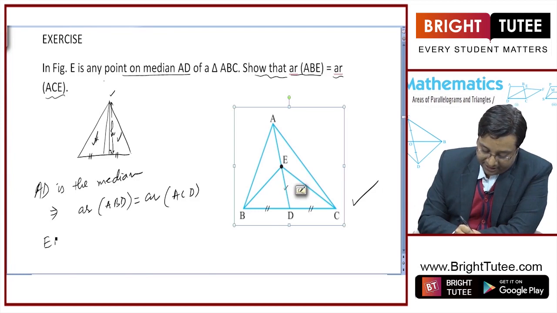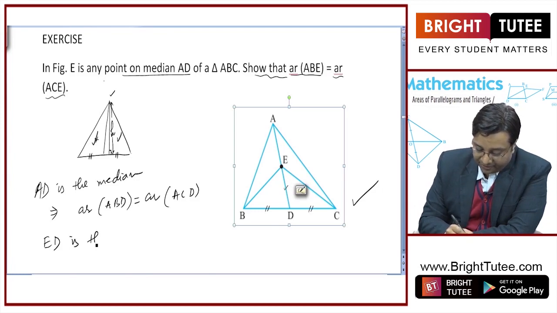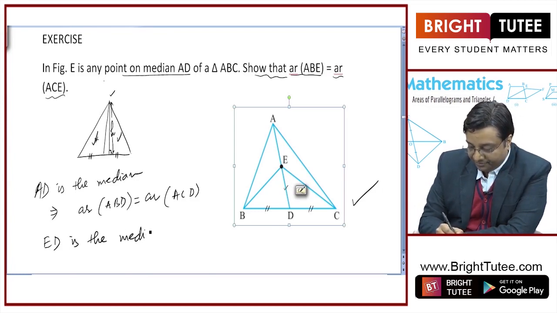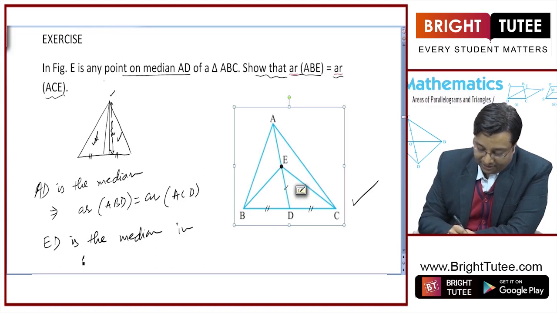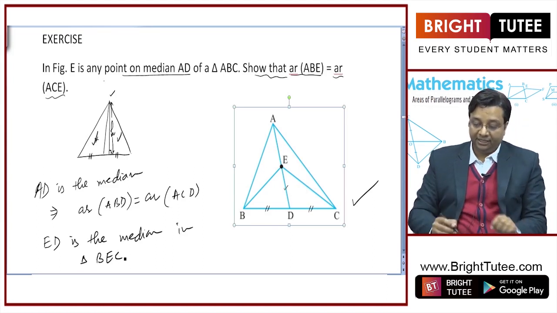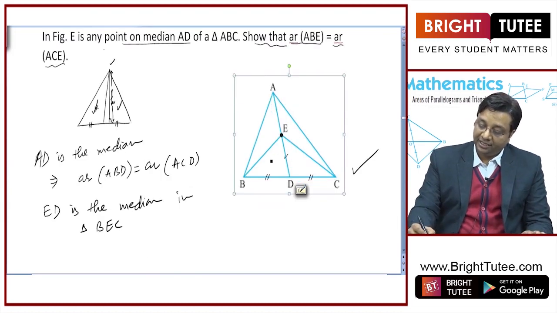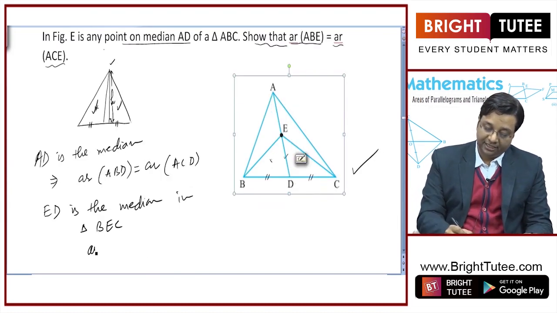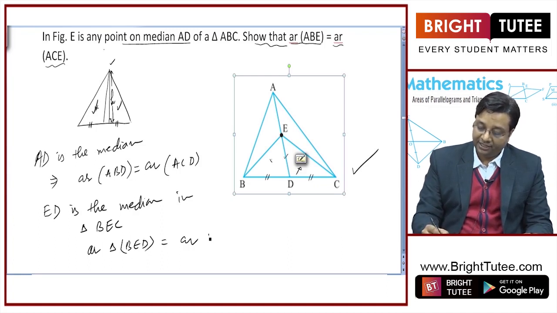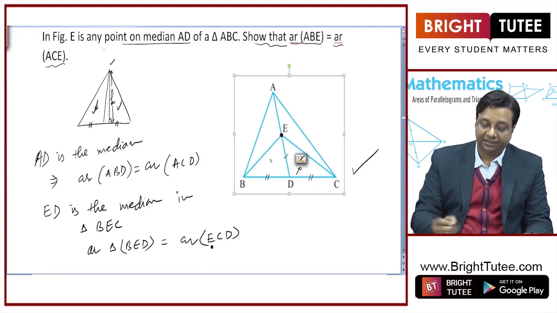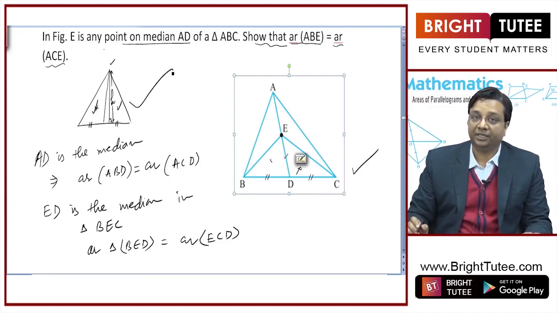ED is acting as median in triangle BEC. So can I say that the area of triangle BED is equal to area of triangle ECD? Yes, because of the same concept here.